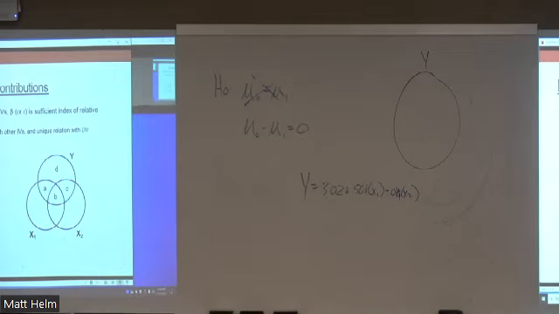And in this bivariate case, what I've got here is the ratio of region A to the total of A plus B plus C plus D. Of all variability in Y, what's unique to X1?